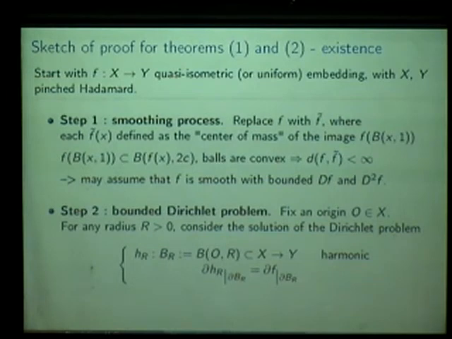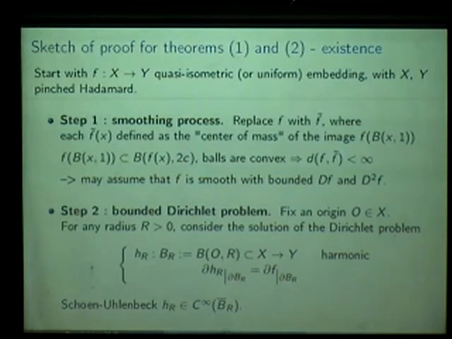So this is a theorem by Schoen and Uhlenbeck: the corresponding Dirichlet problem, find a harmonic map defined on the closed ball, which is harmonic on the open ball and with boundary value F, has a unique solution and is smooth up to the boundary.